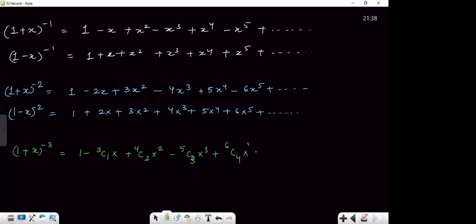Discussing (1 - x)^-3, it will be 1 + 3C1 x + 4C2 x square + 5C3 x cube + 6C4 x^4, going on like this. These are really very important. Even the first four are the most important.